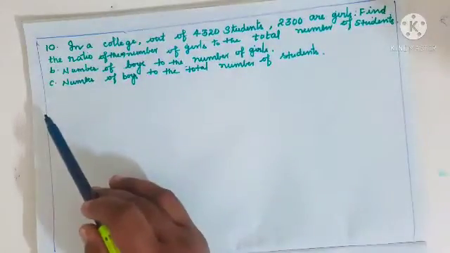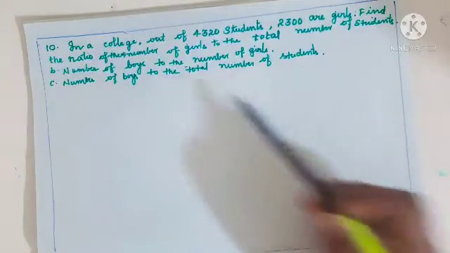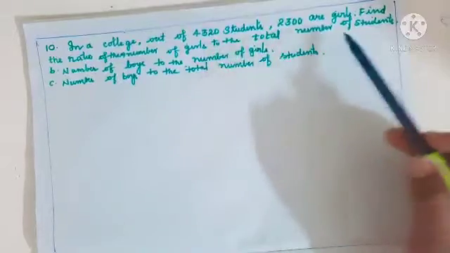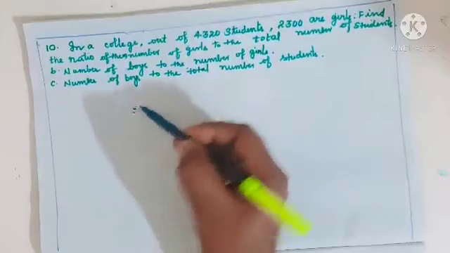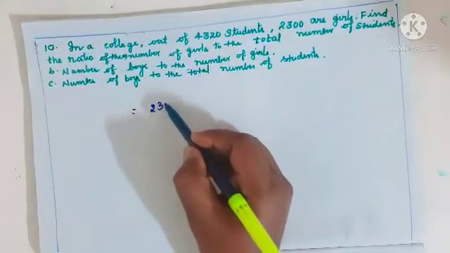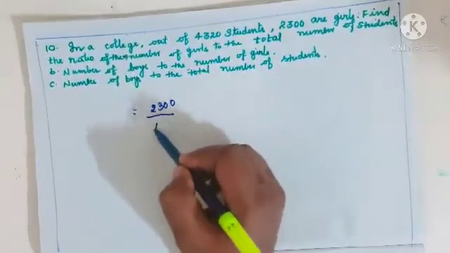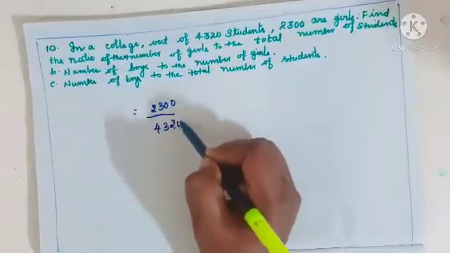Okay, first part we will find out. Okay, A part. The number of girls to the total number of students. We are going to find out now. Okay, so the first ratio is the ratio of the number of girls to the total number of students. That ratio you find out. So 2,300 divided by 4,320. Okay.